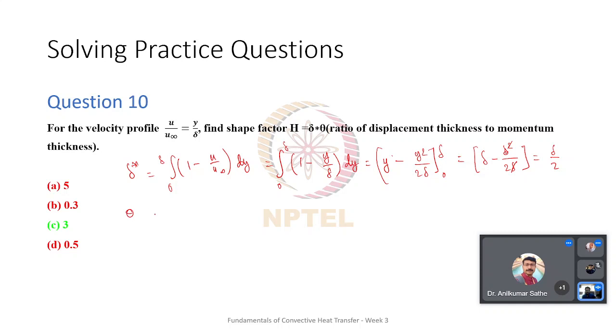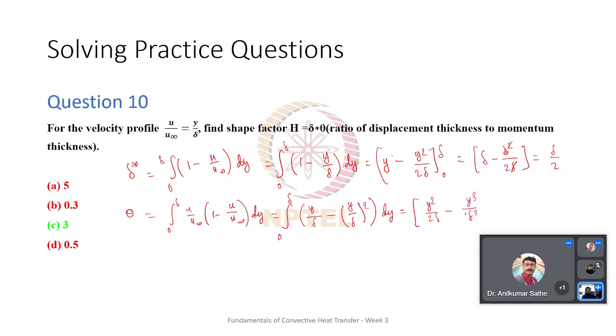Similarly, to find the momentum thickness, it would be the integral from 0 to delta of u by u infinity into 1 minus u by u infinity. Plugging in the values, there will be y by delta minus y by delta whole squared, integrated over dy. Performing the integration, we get y squared by 2 delta minus y cubed by 3 delta squared, from 0 to delta.